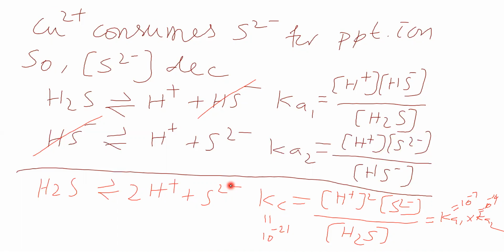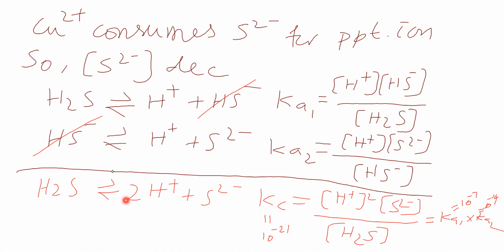This indicates the system is at equilibrium or the equilibrium is disturbed. Cu2+ consumes sulfide, therefore the concentration of sulfide decreases. So is the position of this equilibrium affected or not affected? Okay, the equilibrium is disturbed.